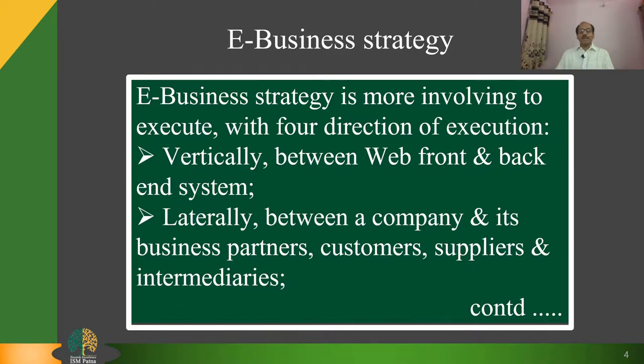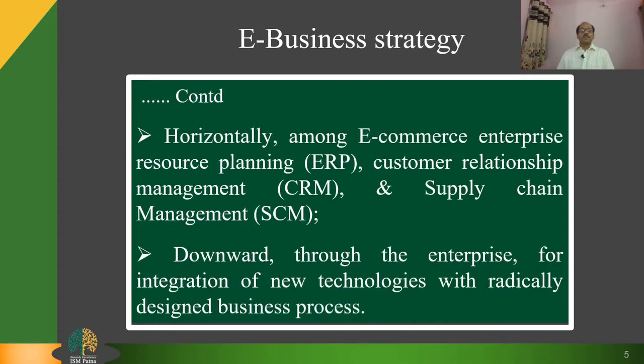Laterally between a company and its business partners, customers, suppliers, or intermediaries. Horizontally among e-commerce, enterprise resource planning, ERP, customer relationship management, CRM, and supply chain management, SCM. And finally, downward through the enterprise, integration of new technologies with radically redesigned business processes.